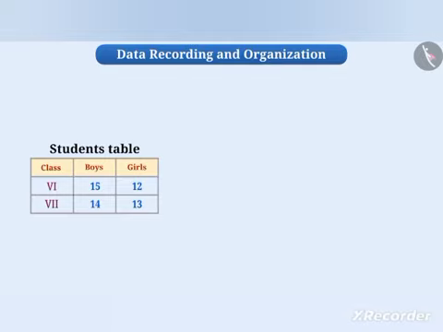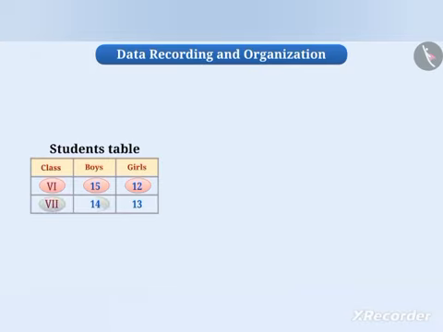For example, look at this table showing the number of boys and girls in classrooms. Can you say what information we get to know with the help of this table? Think for a while. With the help of this table, we get various informations like there are 15 boys and 12 girls in class 6.